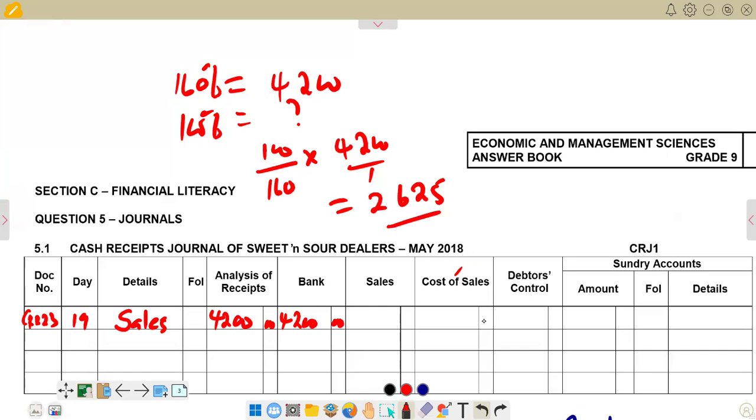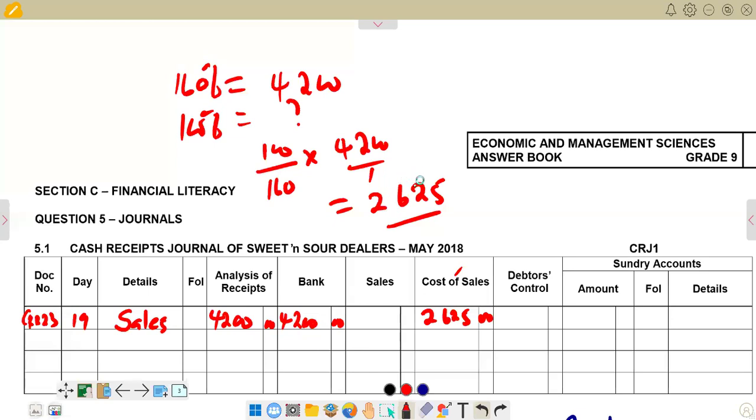So in the cost of sales column, we are now saying 2,625 is our cost of sales. This is the figure that we have. On the issue of amount, we have the analysis of receipts of 4,200 here.